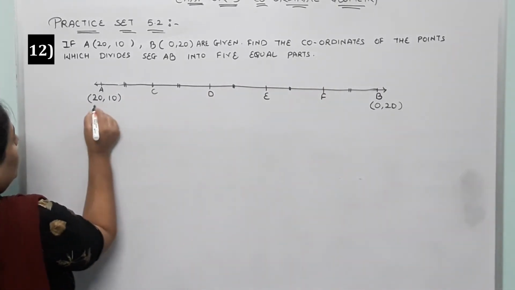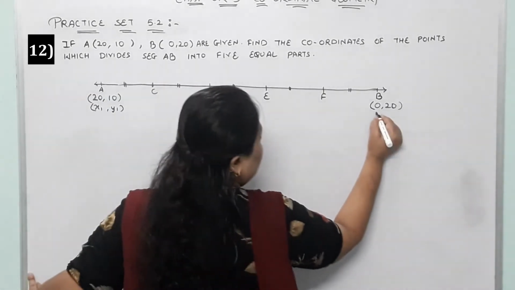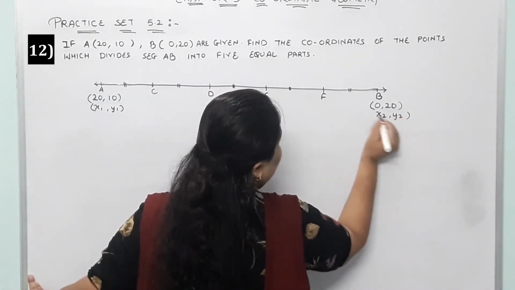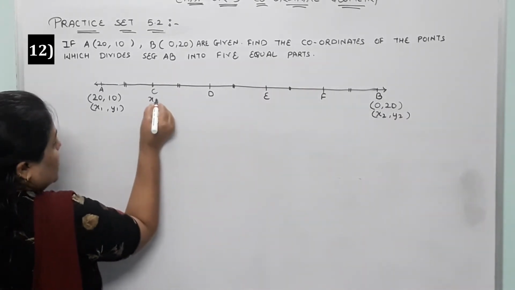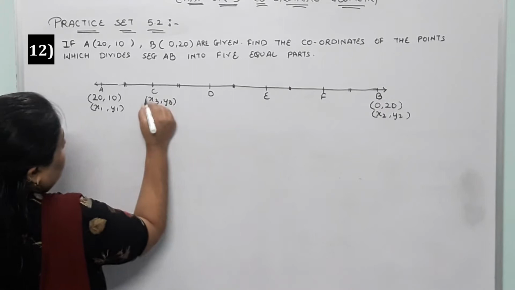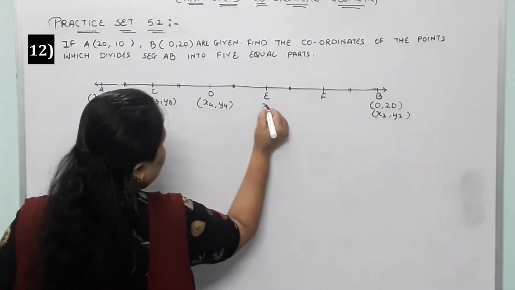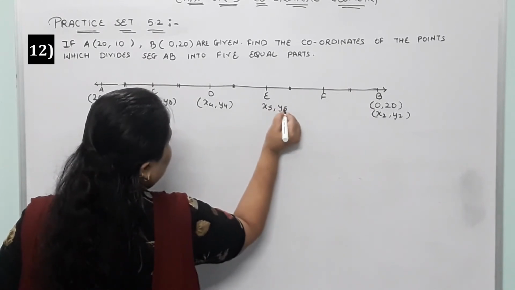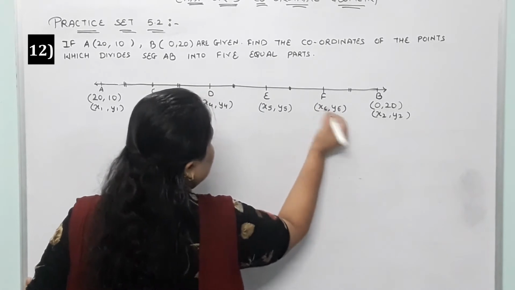Here I will put it as x1, y1, now here x2, y2. So C will be x3, y3, x4, y4, x5, y5, x6 and y6.